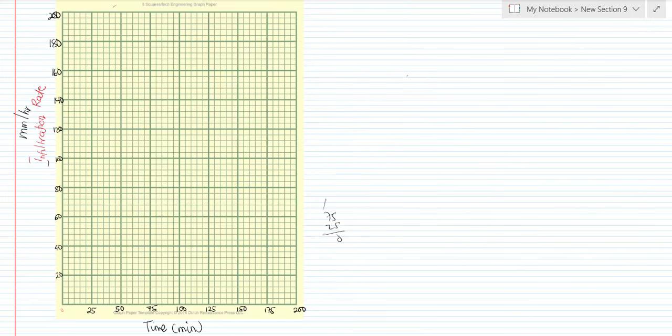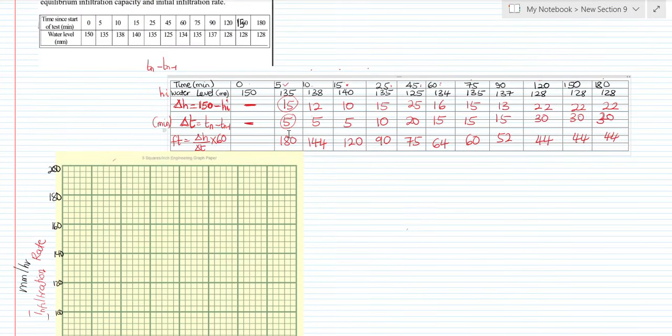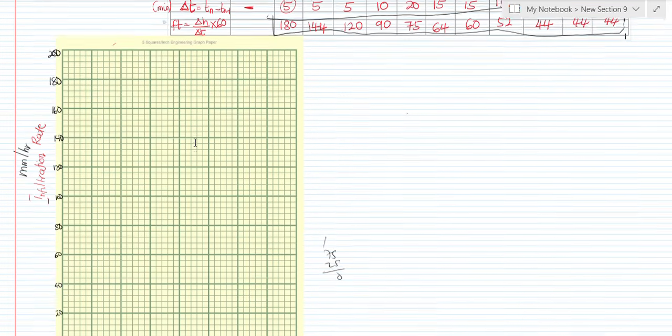So we take the time, then the infiltration rate, and the time that corresponds to the infiltration rate. And that is how we plot.